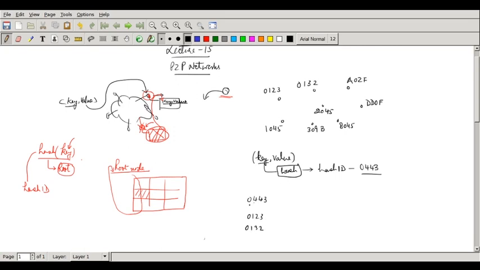The first digit is matching, so I need to go to the second digit, but the second one is only this one as an option. There will not be a 4, so it has to go to one of them. Let's match the second digit to decide which one. 3 and 2 are the only two numbers available. If I draw, 2 is going to be here and 3 is going to be here. So 4 will lie after this.